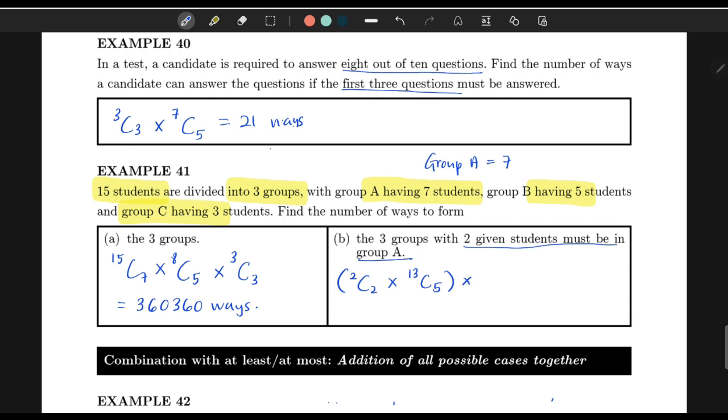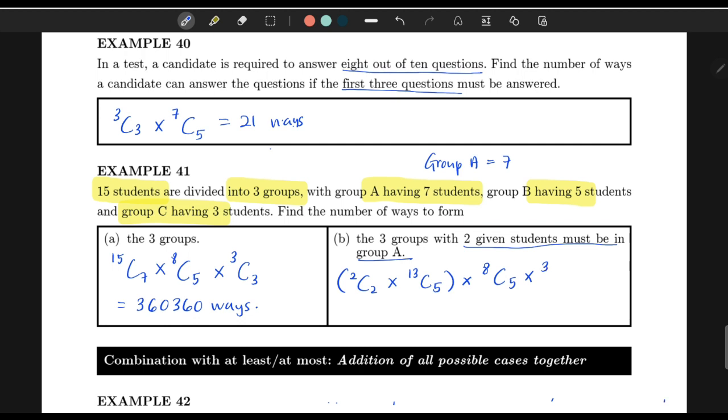Okay, next we can choose group B. So the remaining students is 8 students. For group B, we have to choose 5, and the remaining is 3.